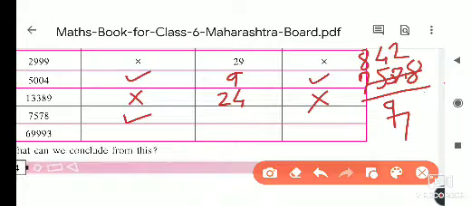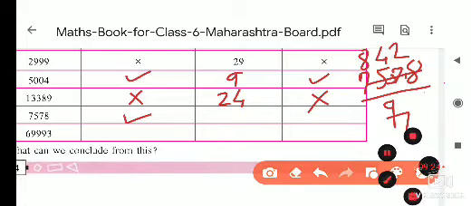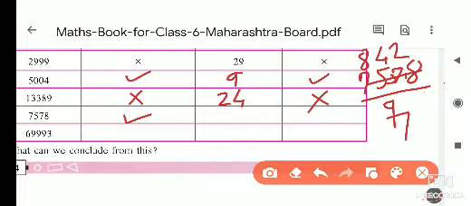Now what we have to do? We'll do the addition of the numbers 7,578. So 7 plus 5, 12. 12 plus 7, it is 19. And 19 plus 8 is equal to how much? 27.